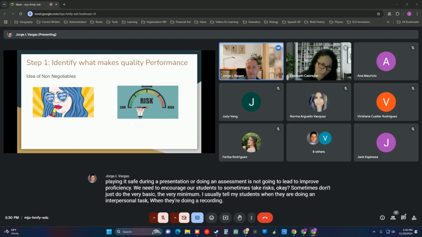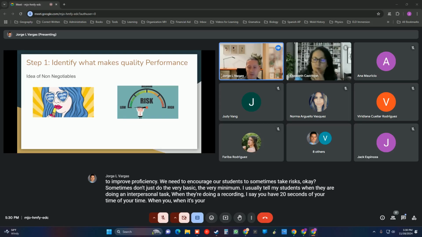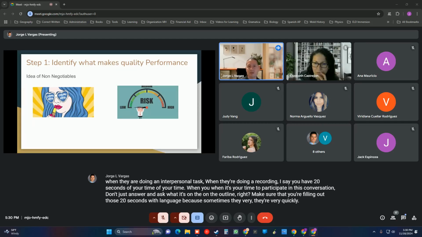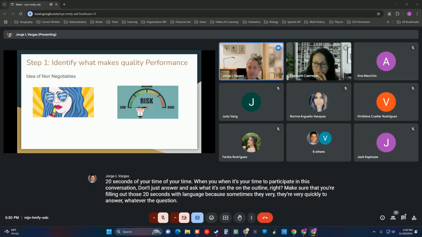Make sure you're filling out those 20 seconds with language, because sometimes they're very quick to answer the question from the recording and ask the question on the outline, and then they have 5 or 7 seconds left. I say don't leave any empty seconds. Make sure you're filling it up with language. That's what we want to encourage our students to do: to take risks.